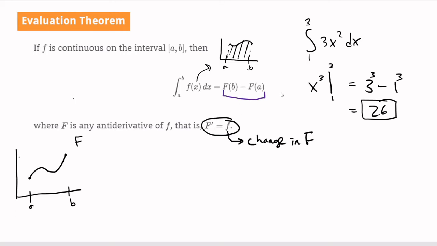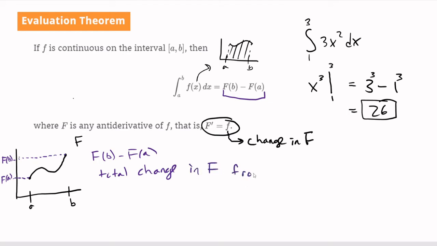So then f of b minus f of a, if we just kind of want to draw it on this picture, this one here is f of b, and this is f of a. So all this is going to do is measure the total change. So f of b minus f of a will be the total change in f from a to b.